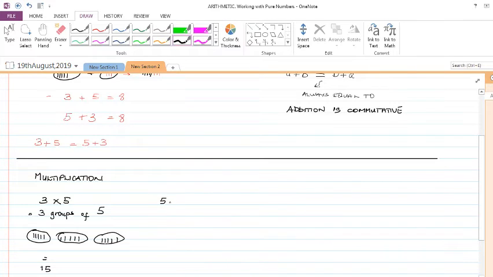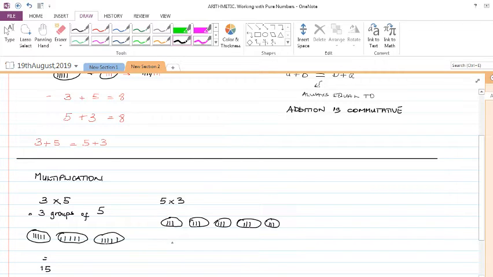Now 5 groups of 3. 1, 2, 3. 1, 2, 3. 1, 2, 3. 1, 2, 3. 1, 2, 3. Now, when I add up all of those, I get 1, 2, 3, 4, 5, 6, 7, 8, 9, 10, 11, 12, 13, 14, 15.